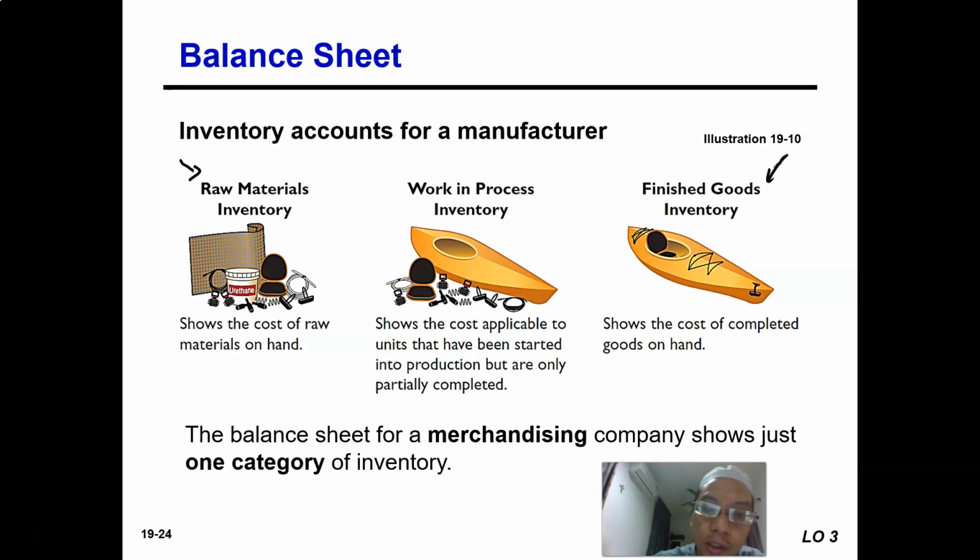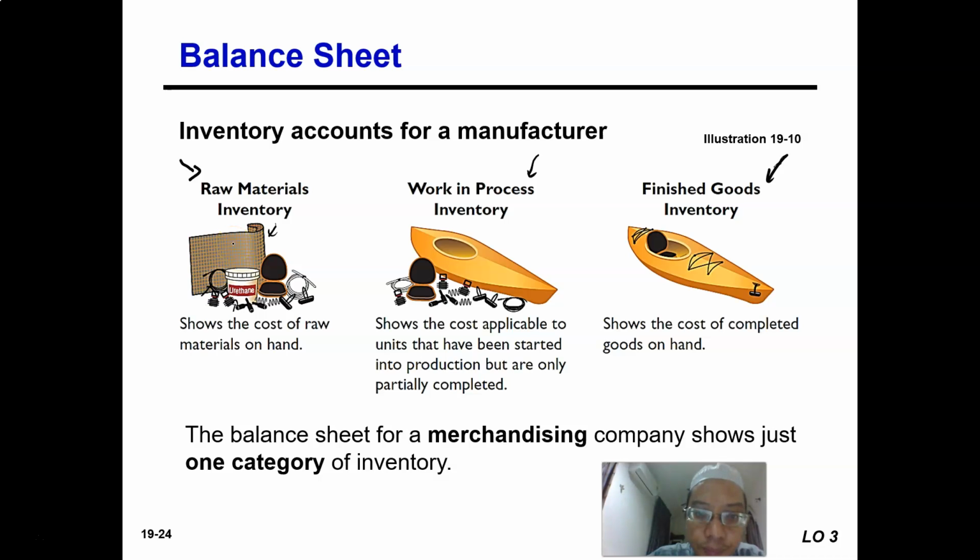And thirdly is the work in process. After we conduct our manufacturing process, there are still some products which have not been finished. They are still halfway through, so those are called work in process inventory. So this is the raw materials. You can see very small stuff, like here you have the cloth, the urethane, and all the wires.